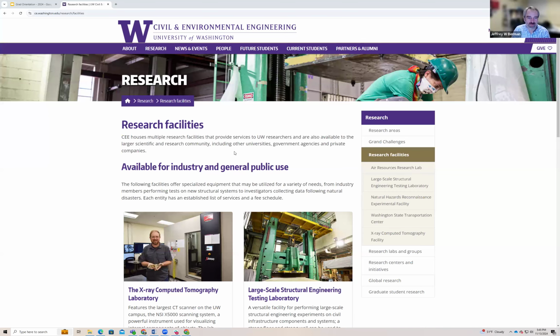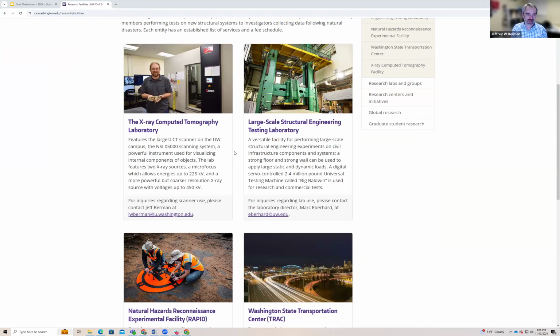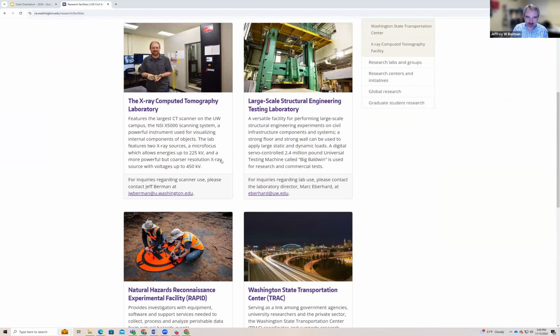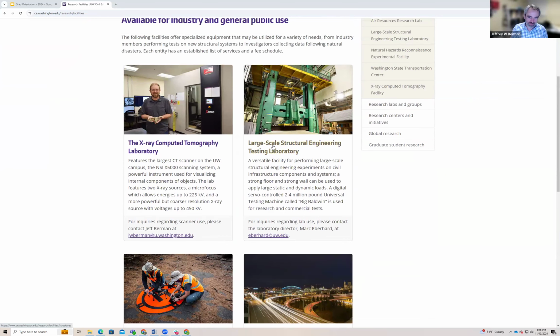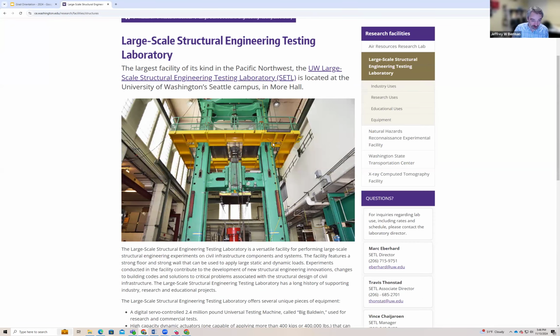Okay, great. So we have a few different labs that are associated with structural engineering. I'll talk about all of them. The one closest to what you're talking about, Sean, is the large-scale structural engineering testing lab.